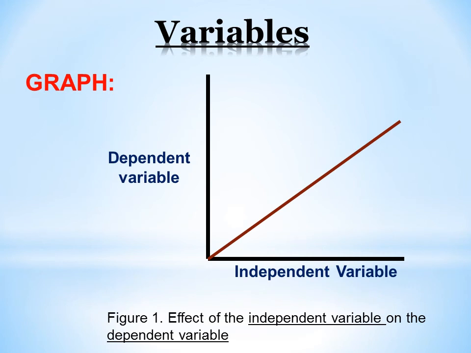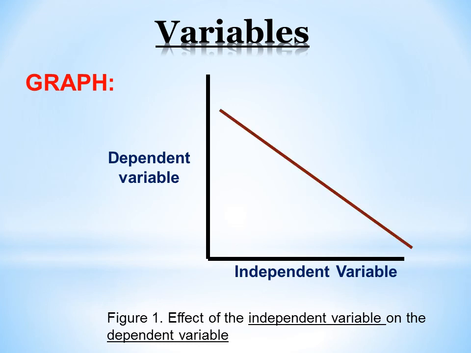If you see a line like this, what could you say about the relationship between the independent and dependent variable? As you can see, as you increase the value of the independent variable, the value of the dependent variable also increases. Thus, we call this relationship as directly proportional.